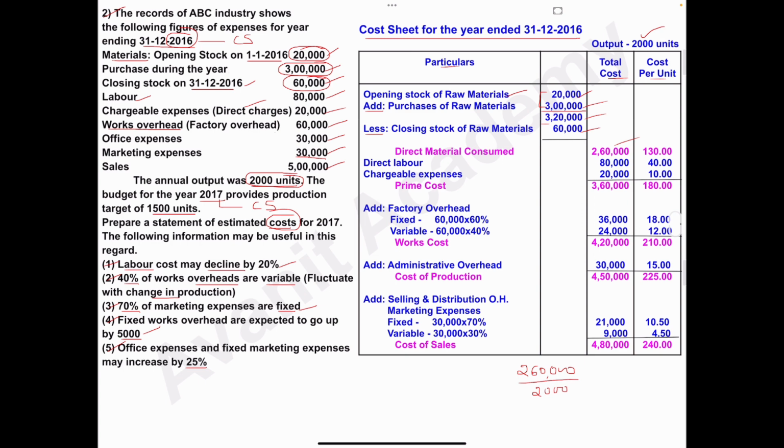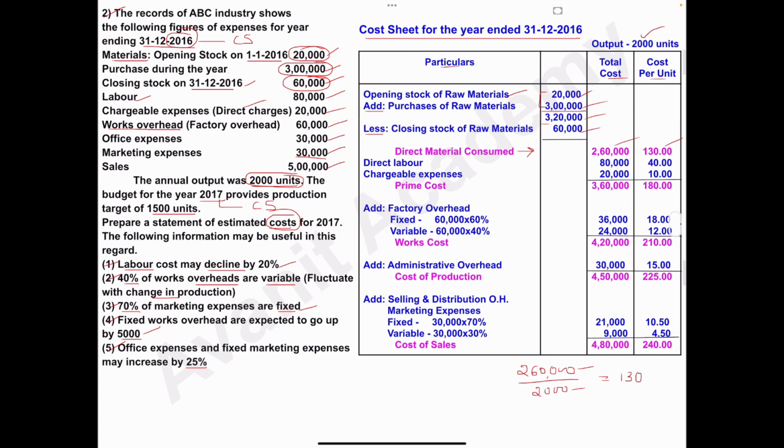So 2,60,000 divided by 2,000, and the answer is 130. Write here in the cost per unit column 130. So for direct material consumed, total cost 2,60,000 and cost per unit is 130.